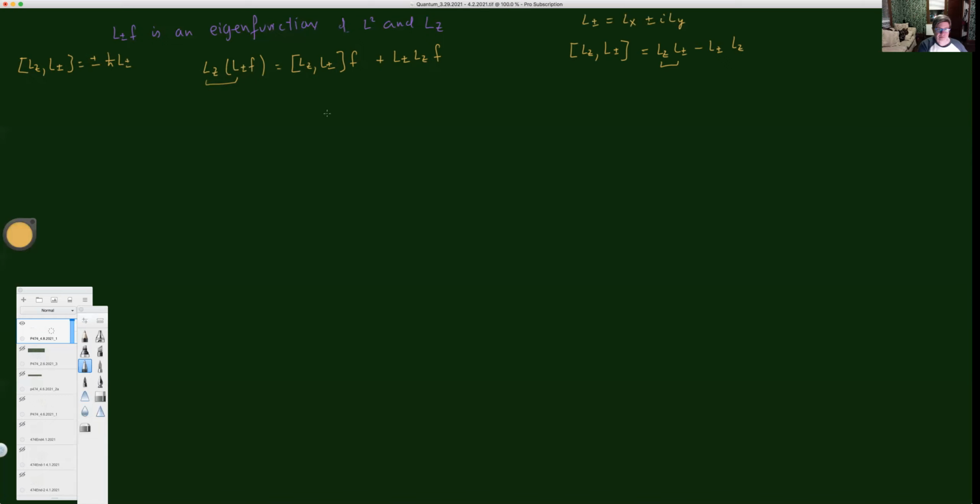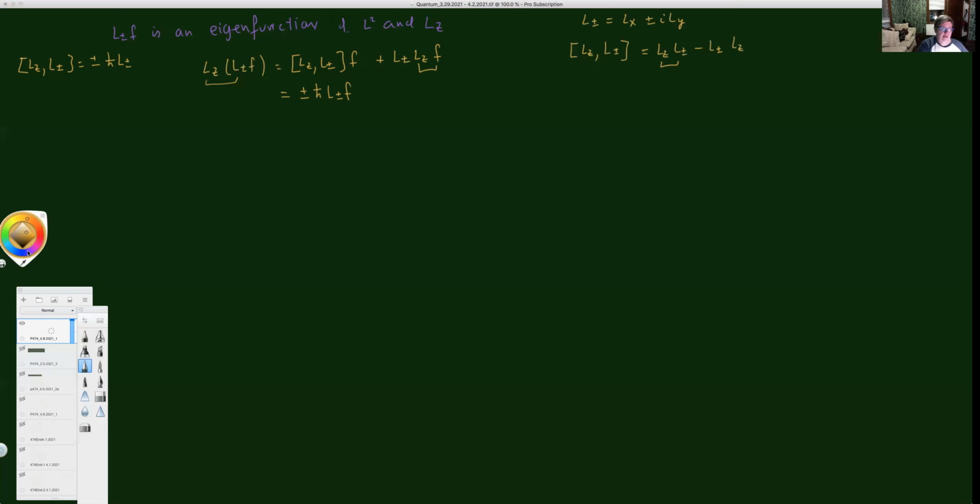Okay. So we can write that out. So we have, this is going to be L plus minus, plus minus H bar L plus minus acting on F.